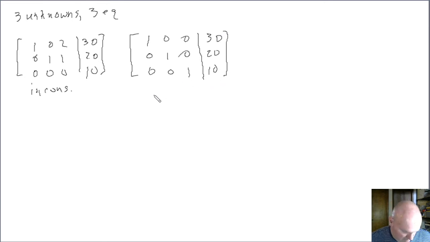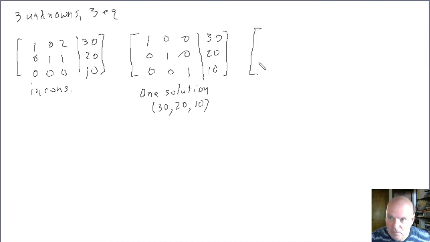But in this case, I've got one solution, and it is unique. The solution would actually be 30, 20, 10 in this case, x equal to 30. And then I might have the case where I could have 1, 5, 8, and then the next 2 rows be consistent.